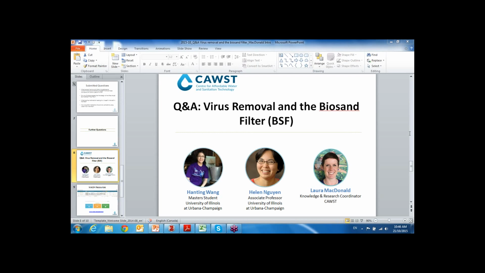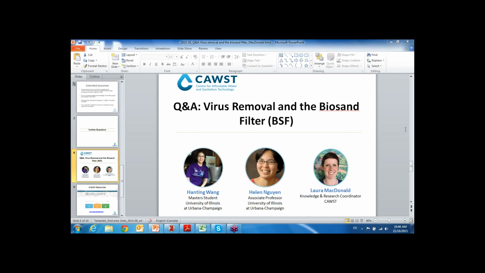So one of the main reasons why we constructed that smaller scale Biosand filter, so it's only 2.1 liters of charge volume instead of the normal 12, is because enteric viruses are going to be a lot harder to work with. We can't grow it to a high enough concentration where we would be able to see effectively how much the removal is. And so with a smaller charge volume, we can spike in less virus and still perform these experiments.